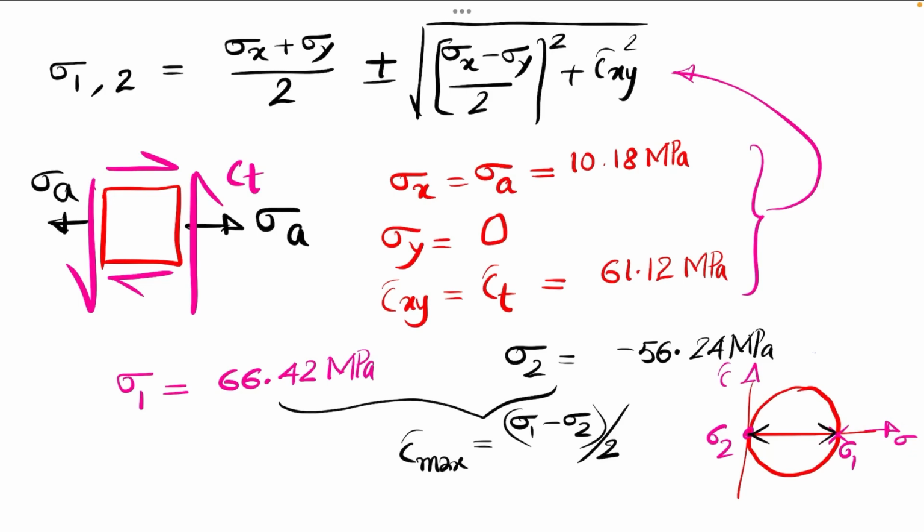Then the diameter of this Mohr circle is sigma 1 minus sigma 2, and maximum shear stress means the radius of this Mohr circle, so tau max, which is half of the diameter, that is sigma 1 minus sigma 2 by 2. If you substitute these values, then you will get 61.33 megapascal for this maximum shear stress.